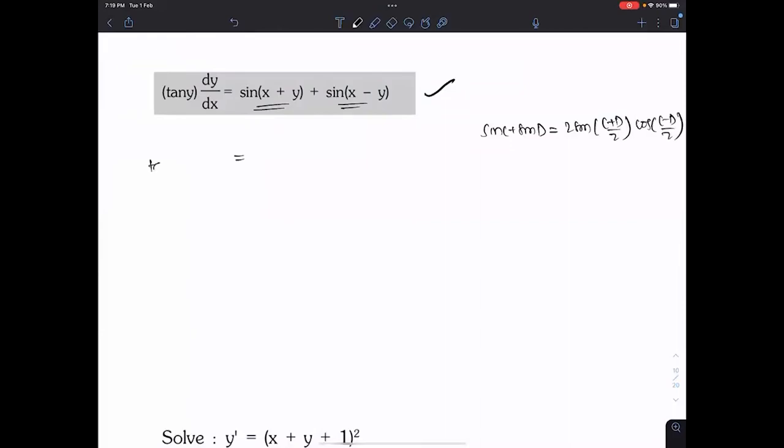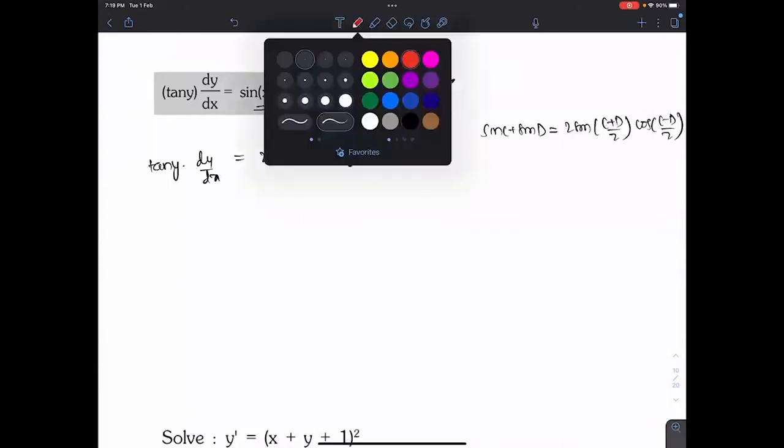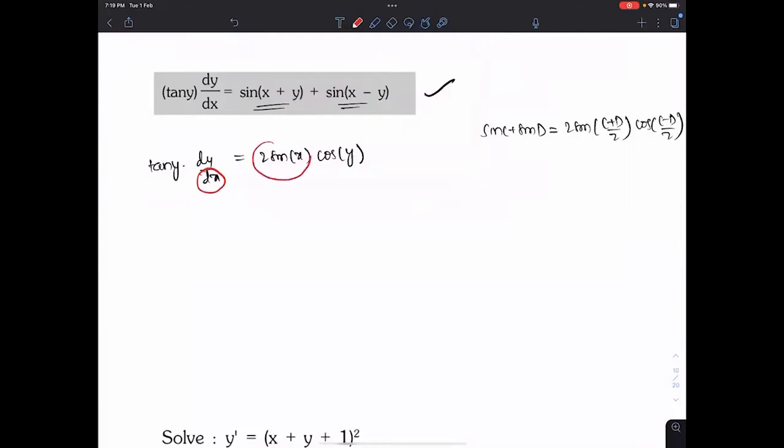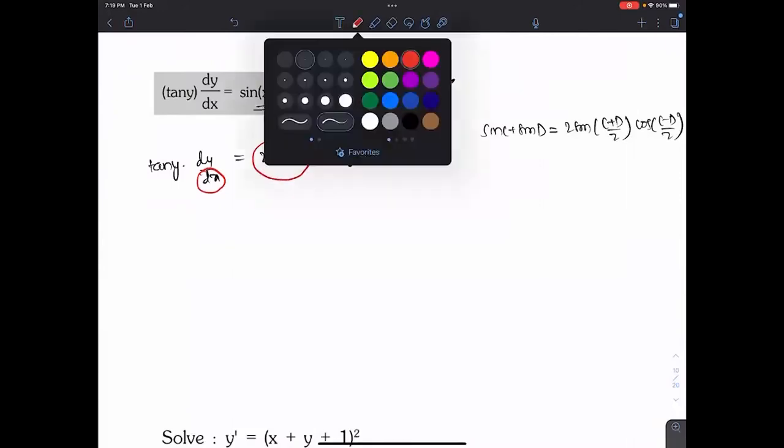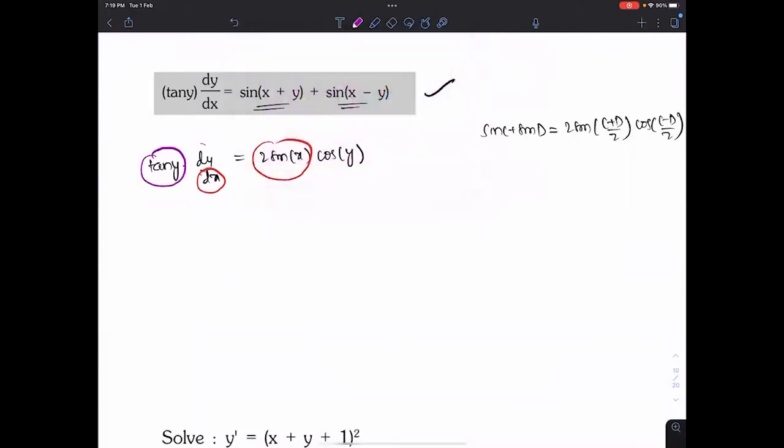So tan y into dy by dx, sin c plus sin d, 2 sin c plus d by 2, which is x only, cos c minus d by 2, cos y you will get. Now you can separate all the x terms and all the y terms. Dx, 2 sin x, one side, and remaining all the y terms one side you can bring. Then you can integrate.